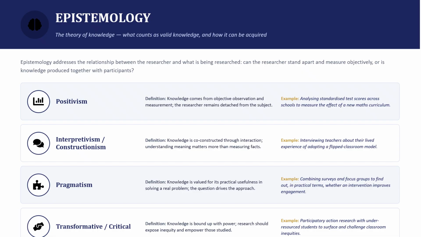But the other way for us to look at it is interpretivism or constructivism. That is the opposite of positivism. According to interpretivism, knowledge is co-constructed through interactions. Understanding meaning matters more than measuring facts.